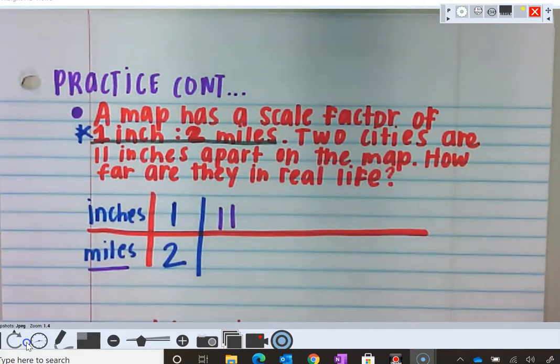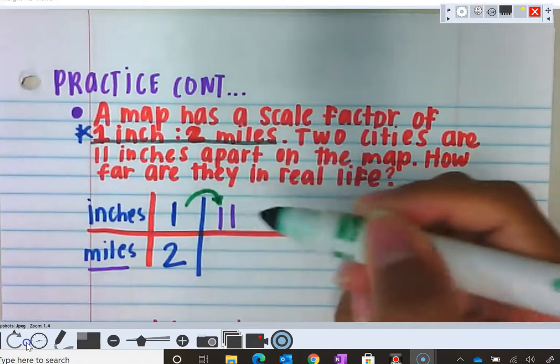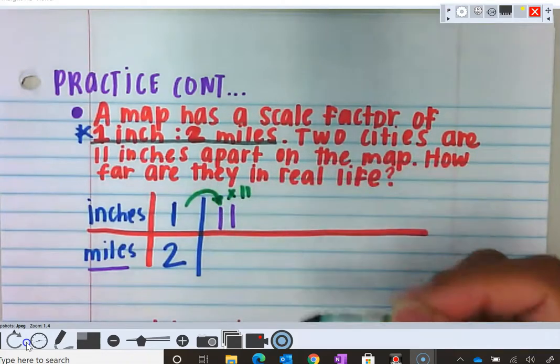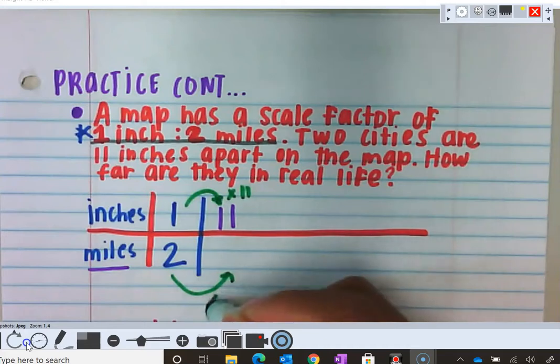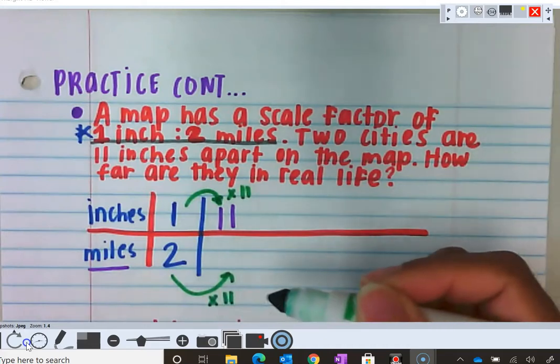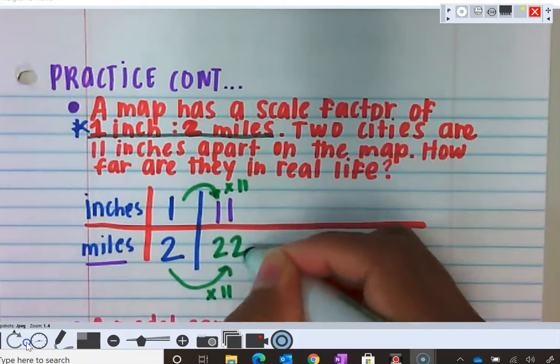So we're not thinking about a ruler, we're thinking about on the scale of real life. How far will they be from each other? So let's see, how can I go from 1 to 11? Well, I can multiply by 11. And so if I do that to 1, I need to do it to 2 as well to keep my equivalency. And 2 times 11 is 22.